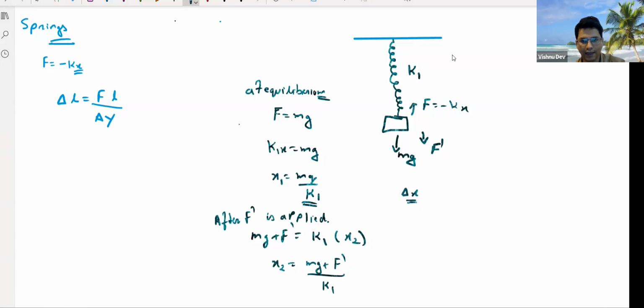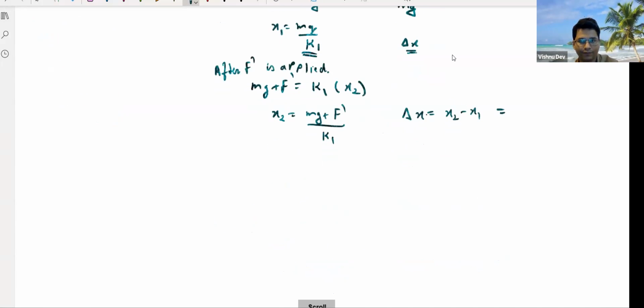So what is delta x? Tell me. Delta x, as you guys said, is x2 minus x1, yes or no? So if you do x2 minus x1, what will happen? Everyone calculate this minus this. It would be f dash by k1 only, yes or no? The mg component will cancel out. Did everyone understand?